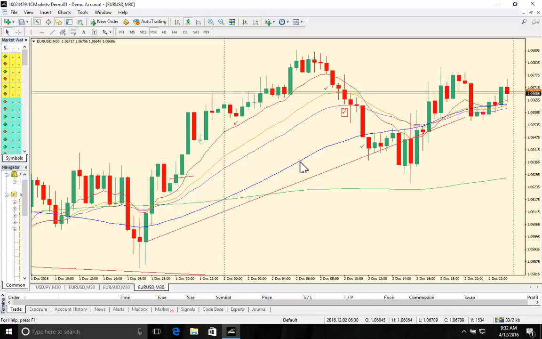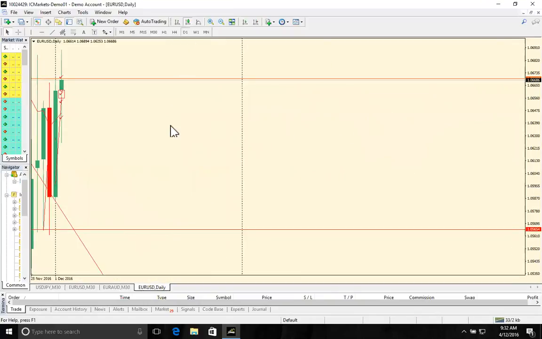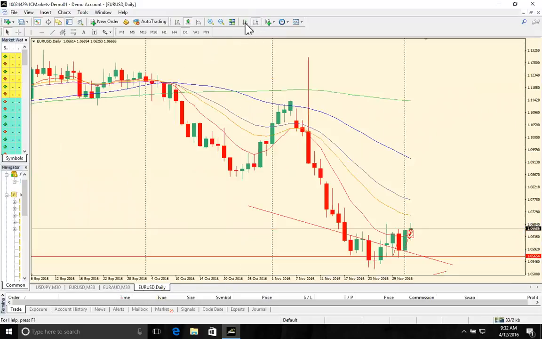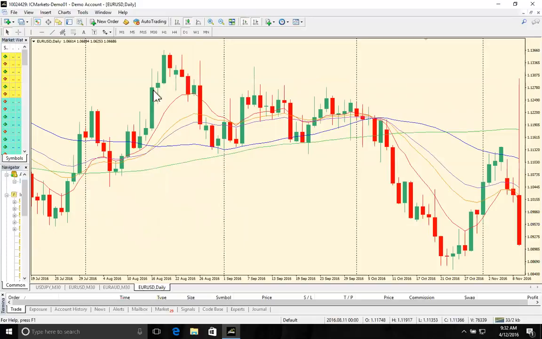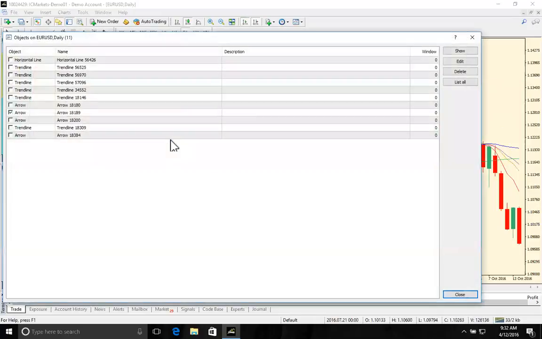So look at the daily chart, and you can see that moving average. If I remove all those moving averages and leave only the 200 moving average, that will help you understand why institutions play that way. So let's delete all those moving averages.